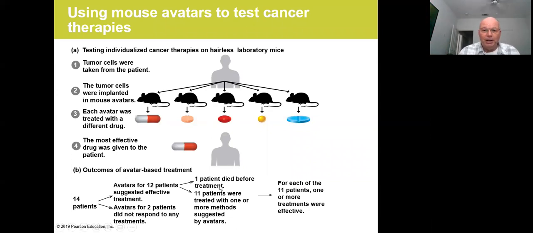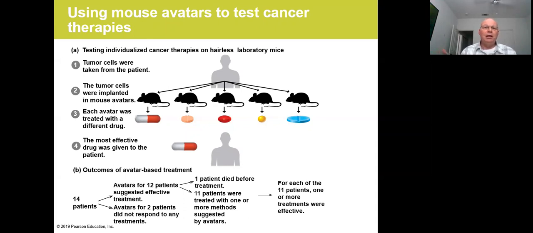Of the remaining 12 patients, 1 patient died before the avatar study was completed. Of the remaining 11 patients whose avatars completed the process, they had a treatment that was discovered through the avatar system that was effective, either in the case of a single drug or combinations of drugs that were shown in the avatar system to be effective against the cancer.